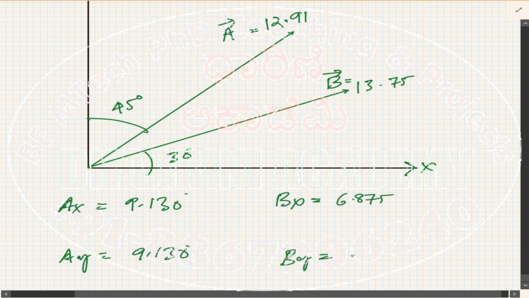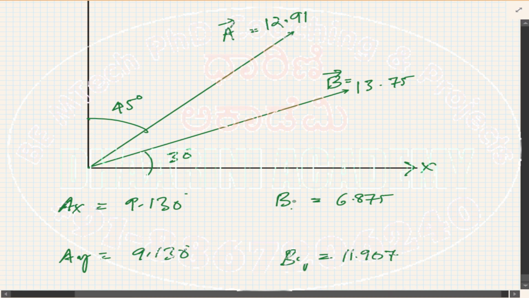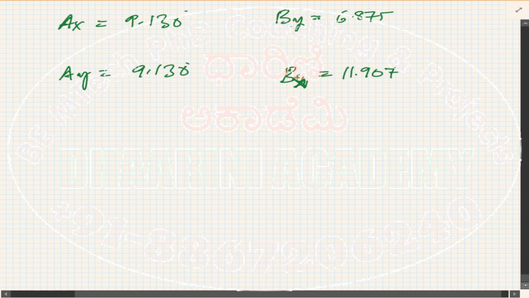Bx is equal to 6, check once again, because the angle is given with respect to the x-axis, so cos 30 is bigger. 11.907 is bx. Perfect.